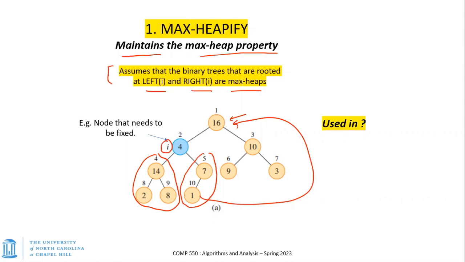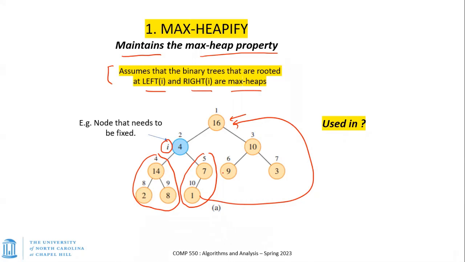We have essentially said that we have some element over here, some key, which is inappropriately located. However, the heap was earlier a proper heap. And so the left and the right subtrees were already heaps.